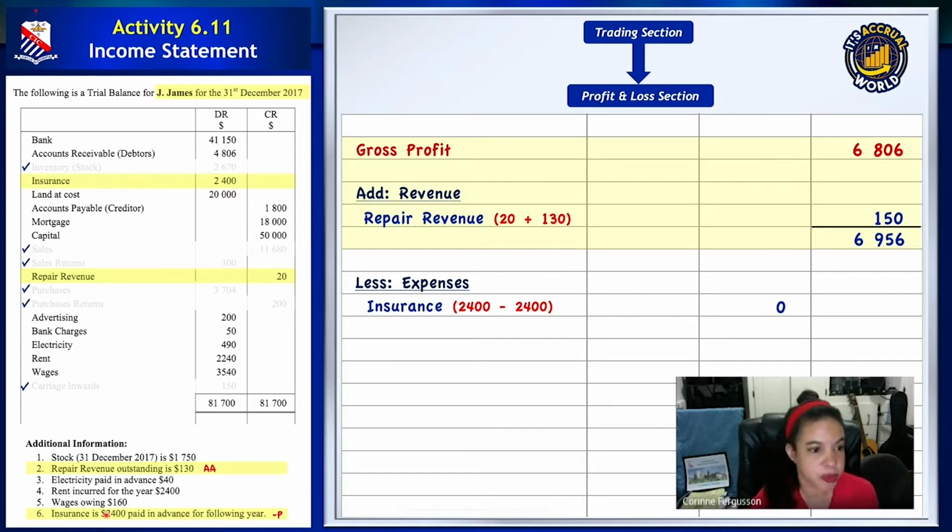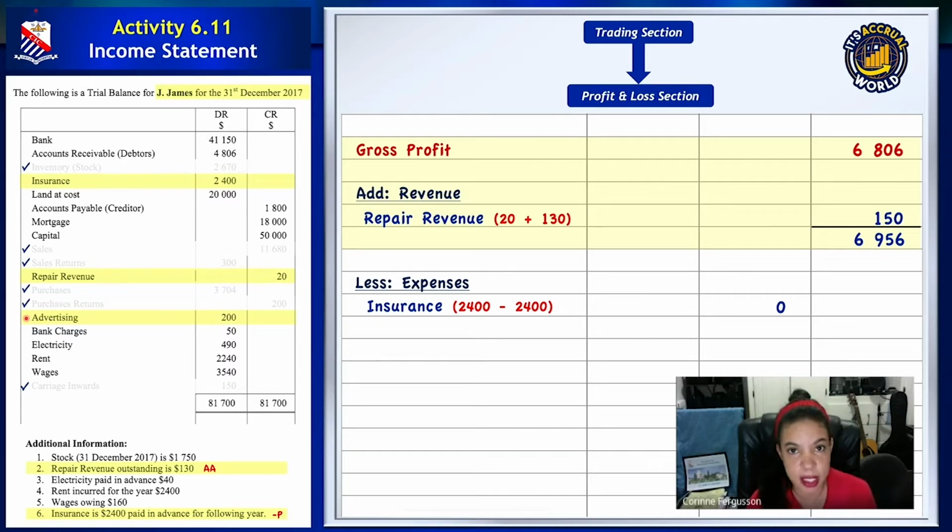Okay, so we go down again and we're looking for any expenses. And we have advertising. We look down in our notes for anything to do with advertising and are not seeing anything.